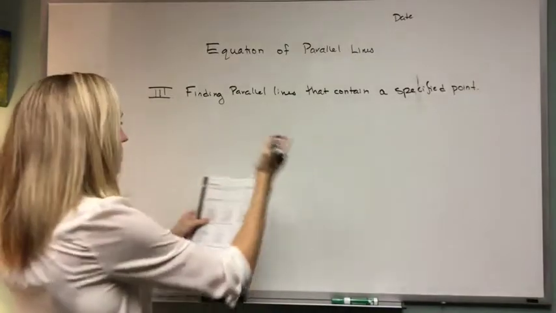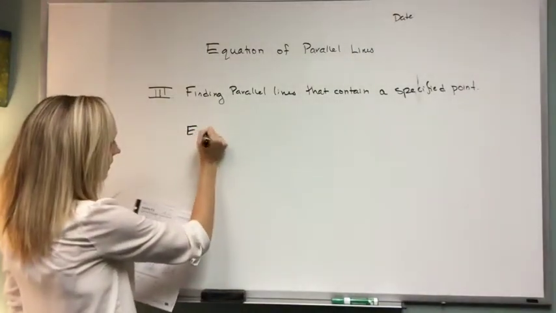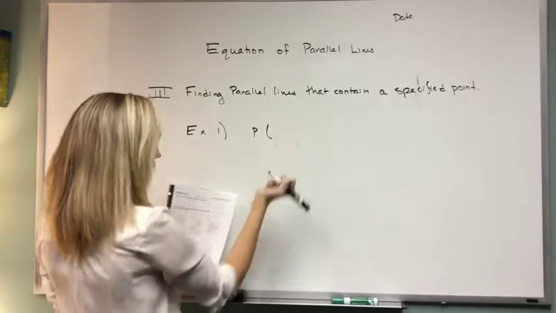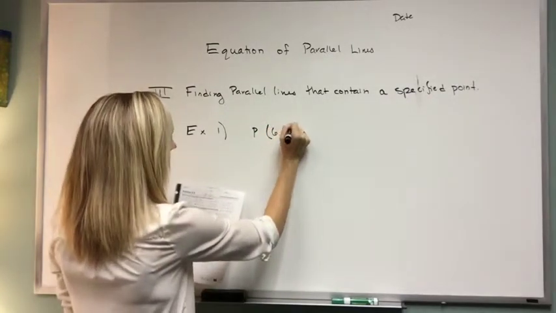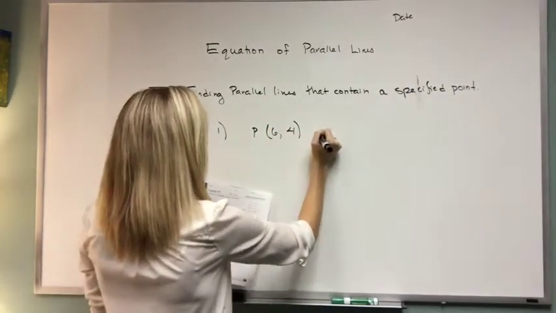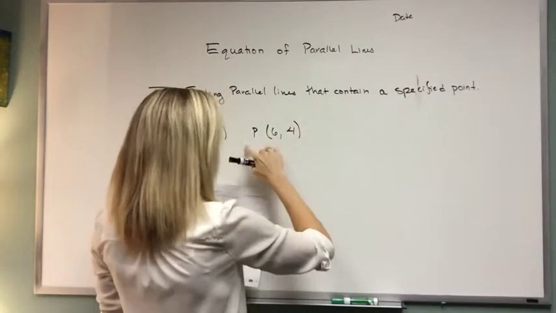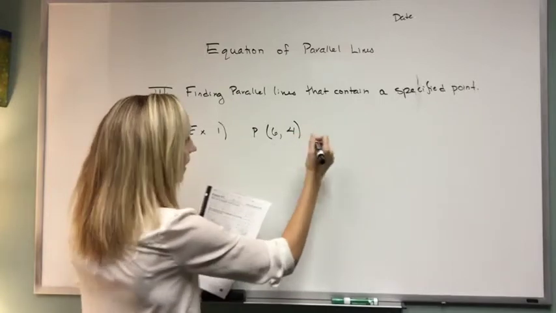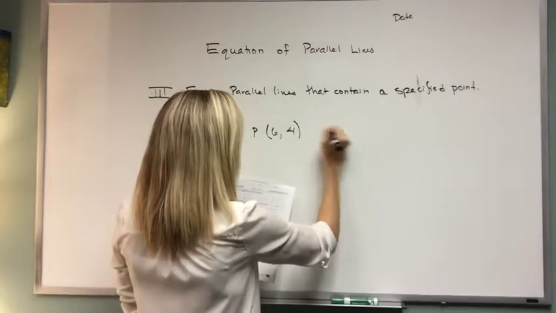So, example number 1. We have point P that is (6, 4), so our parallel line has point P, which is (6, 4), and it's going to be parallel to this given line.